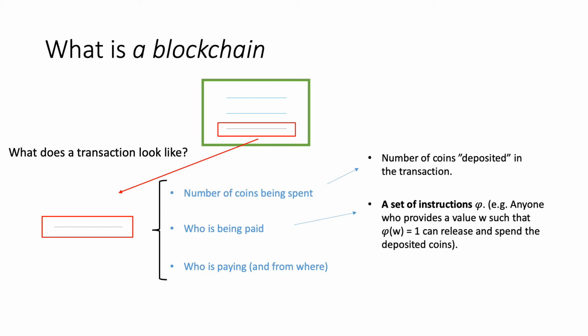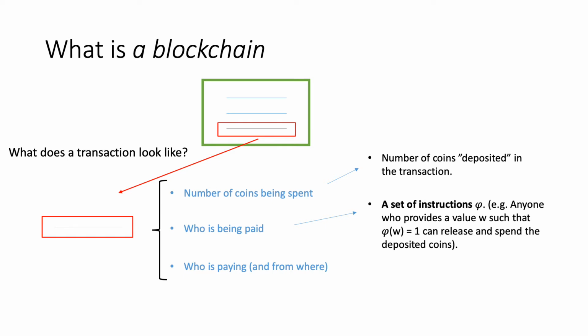So for example, if Alice is paying Bob, the circuit phi could be a circuit that requires a signature from Bob, a signature of some message, so a signature with respect to Bob's public key, which of course only Bob is able to provide.